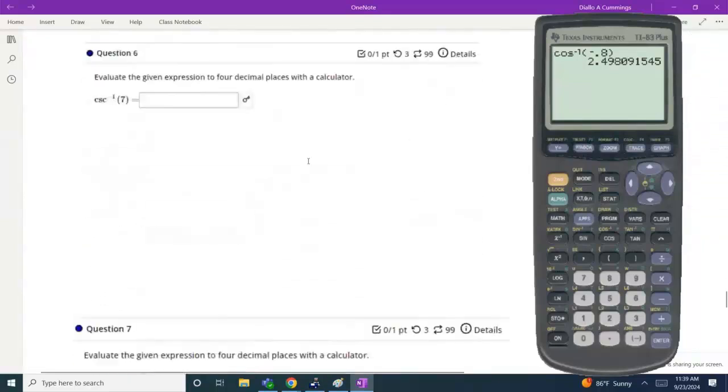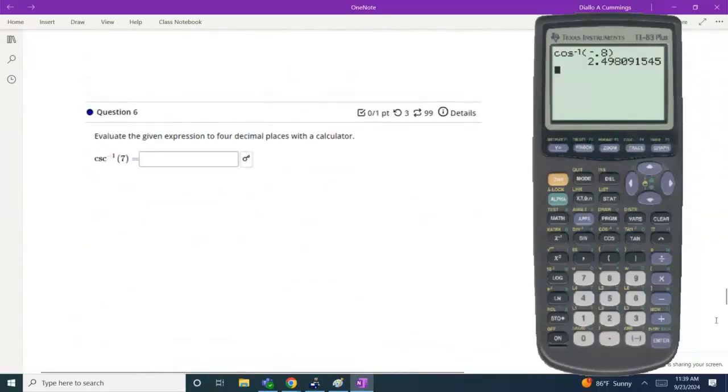All right, now problem number 6. I don't have an arc cosecant function on my calculator, but here is the formula. It says that the arc cosecant of x is equal to the arc sine of 1 over x. So in this formula, I'm going to replace x with 7.